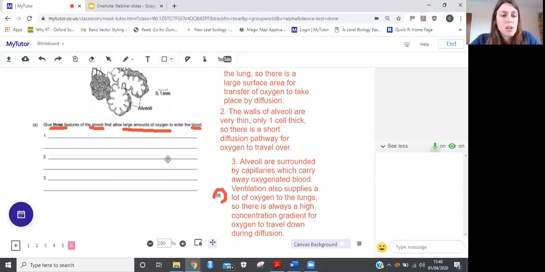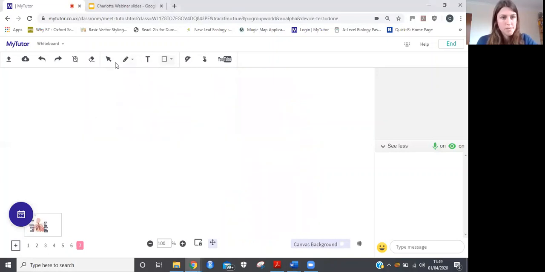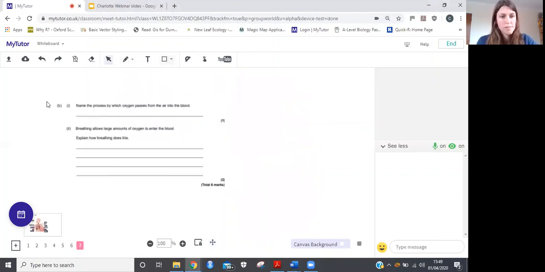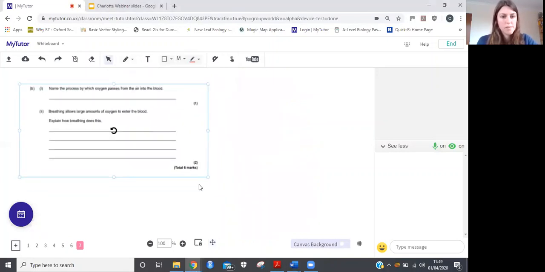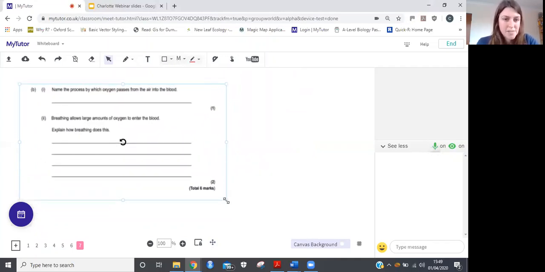So that's how we would answer part A of that question. 3 points, 3 marks, all structured around how to make diffusion faster and relating that to alveoli in the lungs. Okay, so let's move on to part B. Okay, this one's easy.